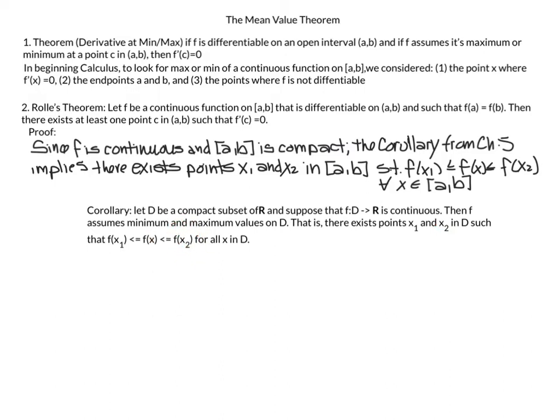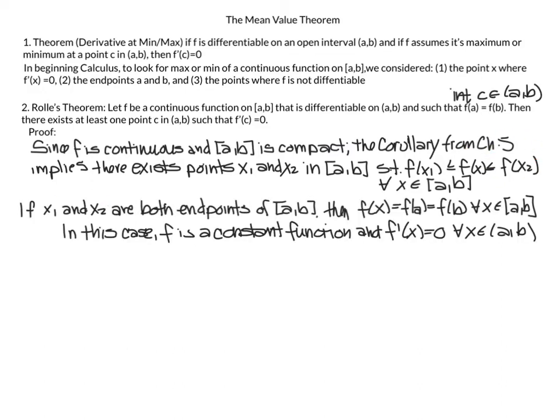In other words, it's larger than all f of x. So since f is continuous and compact, this corollary tells us there exist points x1 and x2 such that f of x1 is a minimum and f of x2 is a maximum.